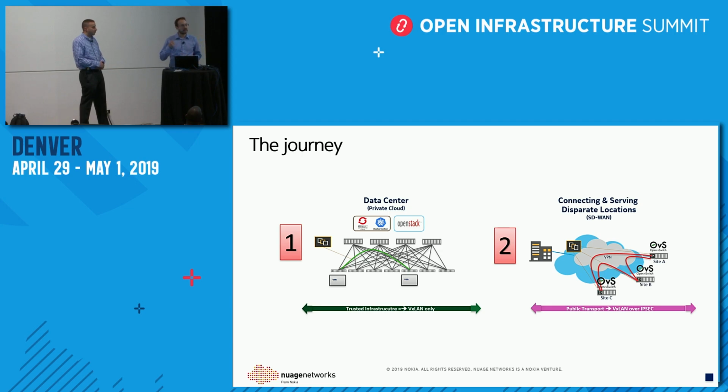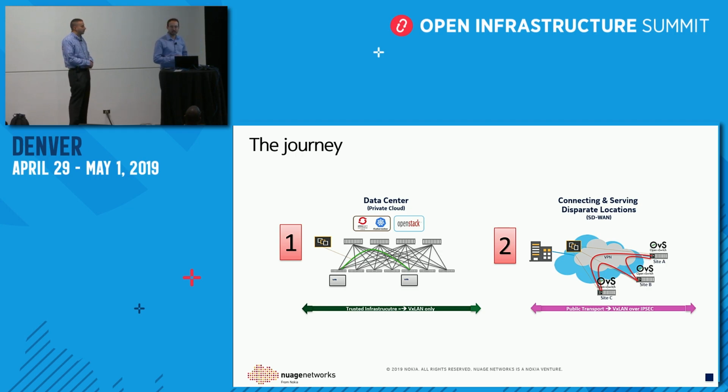So, let's say I have a location in Ottawa, I have a location in Denver, and I have a location in New York. So I'm going to ship a box to each one of those locations. The boxes are going to connect to the internet, and they will bootstrap into this private VPN service. So this is a virtual VPN service, so it's completely software-based.